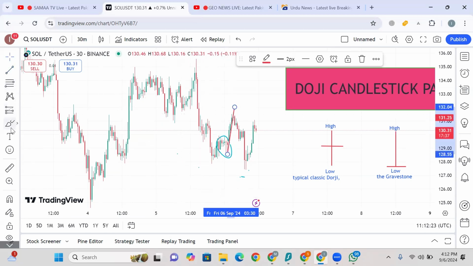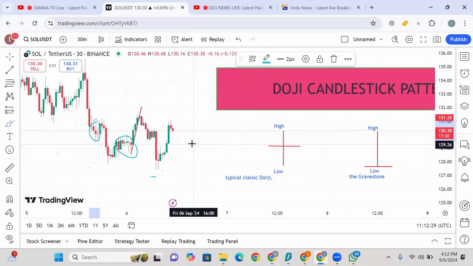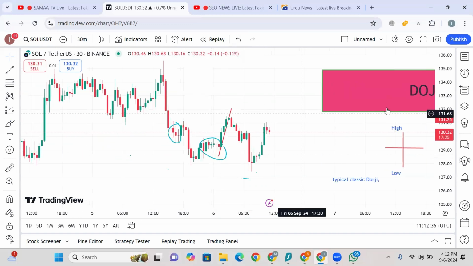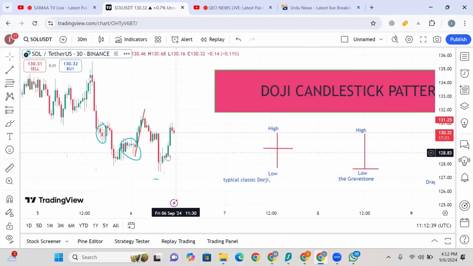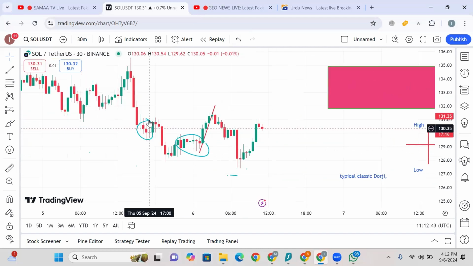And if this same doji appears here, the tug of war between buyers and sellers, and now you can see that candle, I will zoom in. See that candle, tug of war between buyers and sellers, and now the buyers dominate the market.